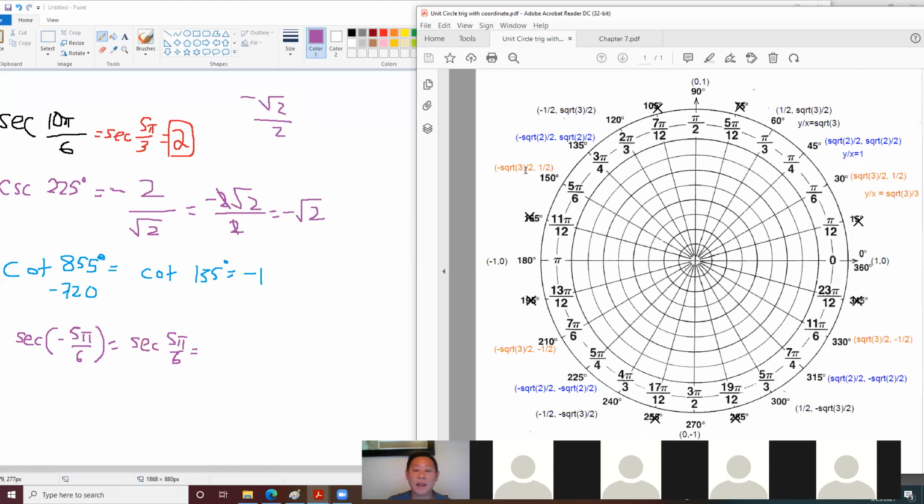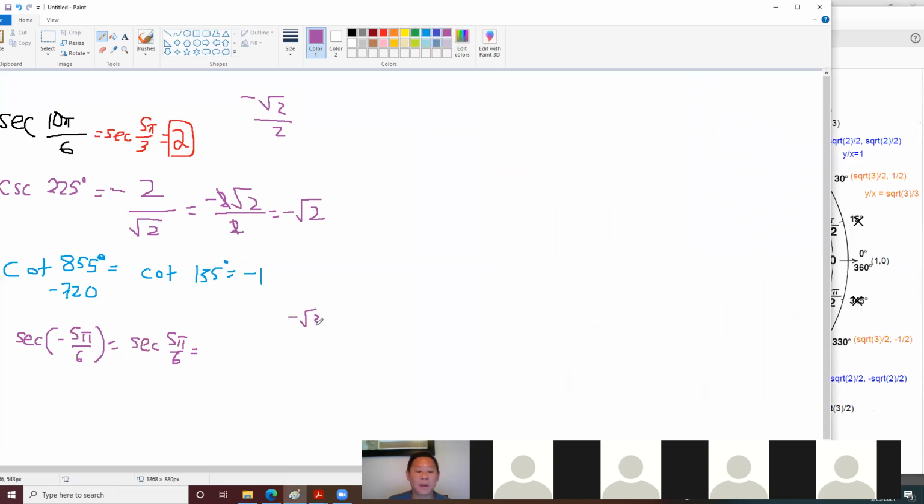X value. And you have to flip it, right? So it's negative √3 over 2. But that is for cosine. Secant, you have to flip it. So flipping it will become negative 2 over √3. Can someone rationalize this for me? You have to flip that. What's your answer here? Negative what?